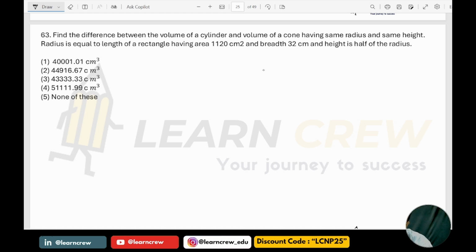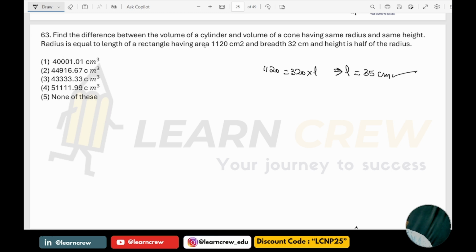So 1120 is equal to 32 into L, that implies L is equal to 1120 by 32, which is 35. So the length is equal to the radius. The height is half of the radius.